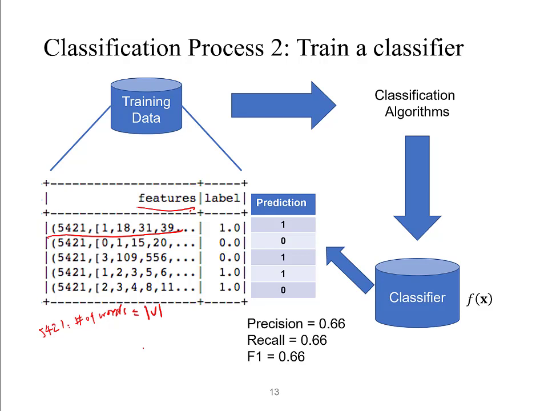So here indicates the length of the vector, and each number here, for example, 1 means the first word in the sentence. And 18 means the 18th word in the sentence.